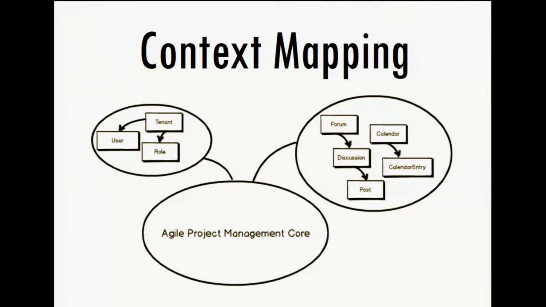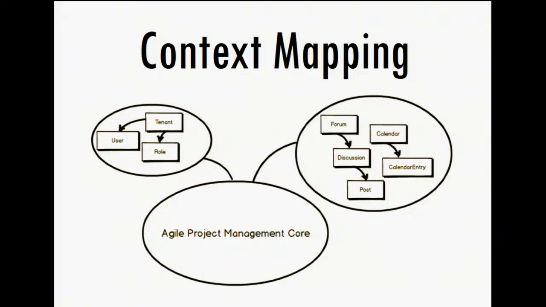Well, it uses context mapping to map the relationships between the Agile project management core and the identity and access context and the collaboration context. It integrates with those systems. It anti-corrupts the data that it gets back from those.